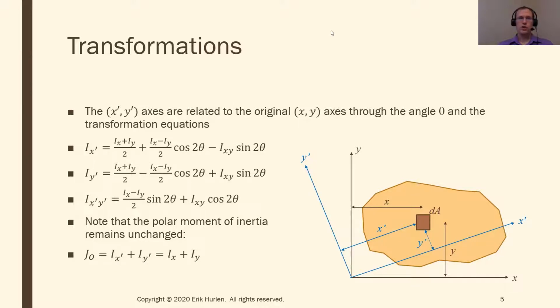If you take these two equations and add them together, they're fairly similar, the only difference being the different signs there and there. So those terms cancel out, and all you're left with is the average divided by 2, which is just Ix plus Iy. So it's the same value for polar moment of inertia when you rotate your coordinate system.